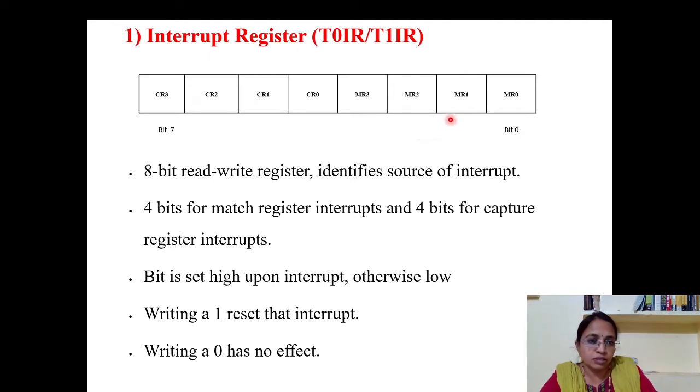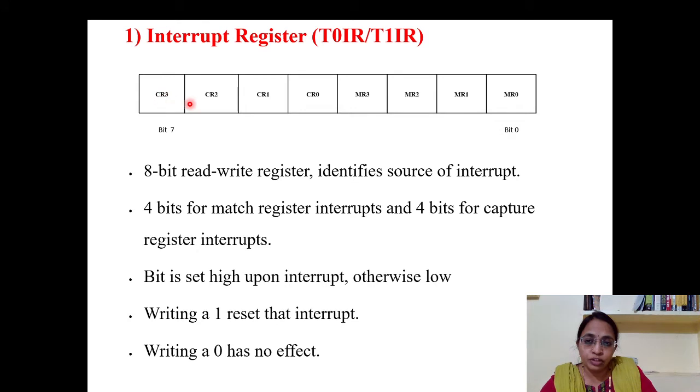For example, if this bit is set high, then match register 1 has generated the interrupt. If this bit is set high, then capture register 1 has generated the interrupt. If the interrupt is not generated by any of these, those bit values will be 0. So if they are set, they indicate the interrupt generated, and if the interrupt is not generated, the bit value remains 0.